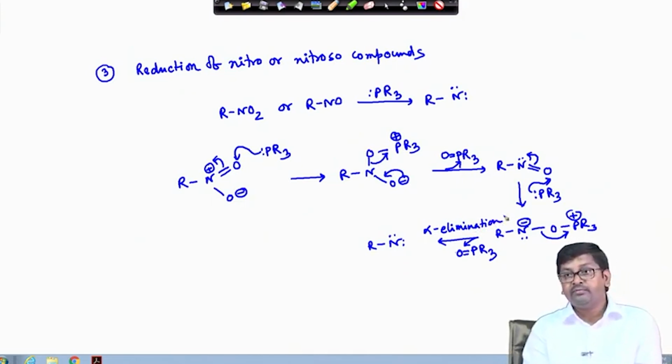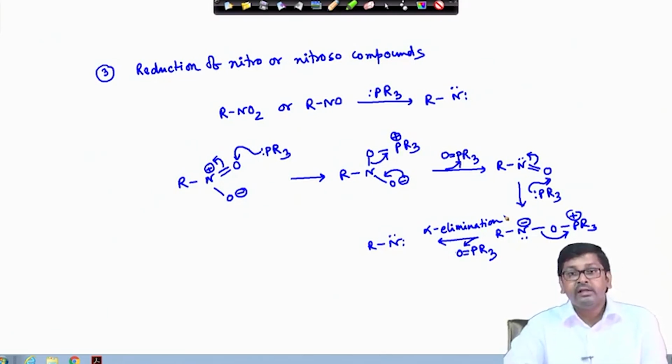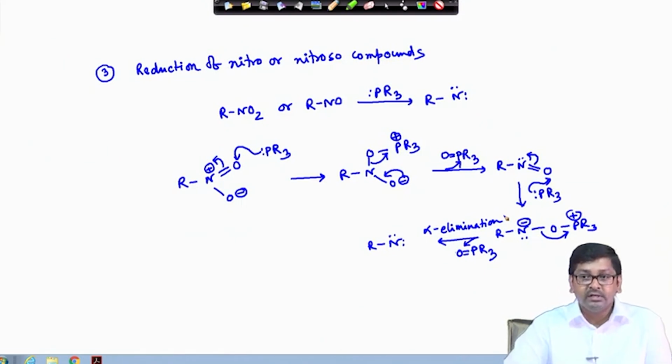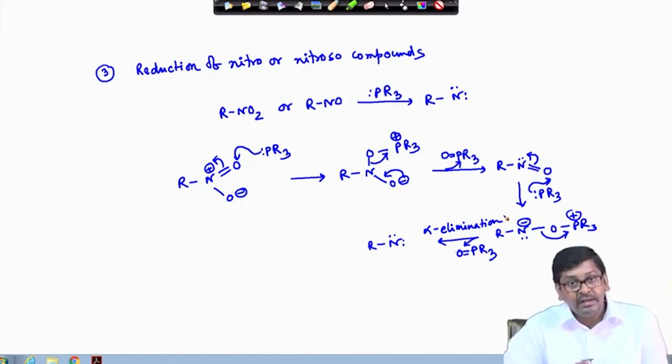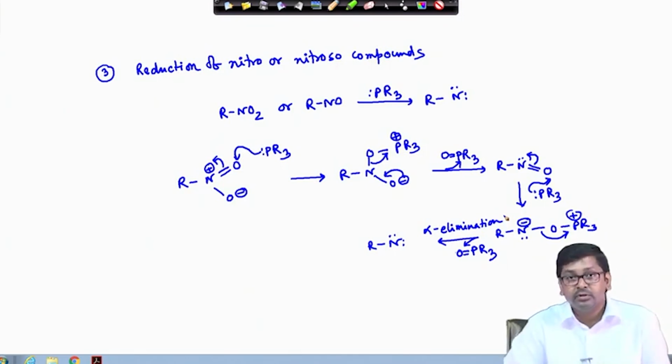Okay. So, what we have seen is not only the thermolysis or photolysis of azides, which is a very common method, but other methods are also similarly important, either formation of nitrenes from different types of heterocycles through thermolysis or photolysis, or it could be the alpha elimination, or it could be the reduction of nitro or nitroso compounds.